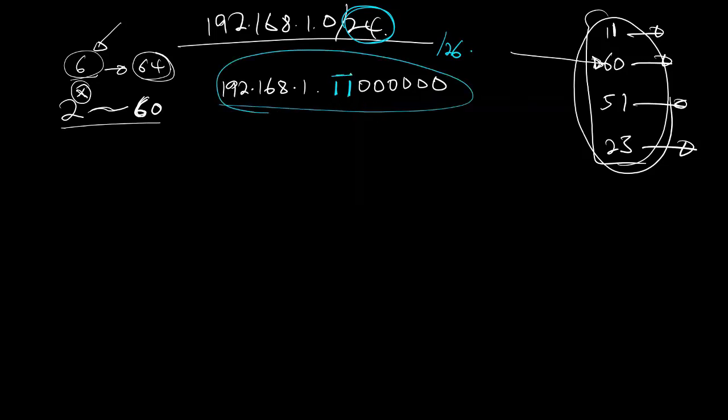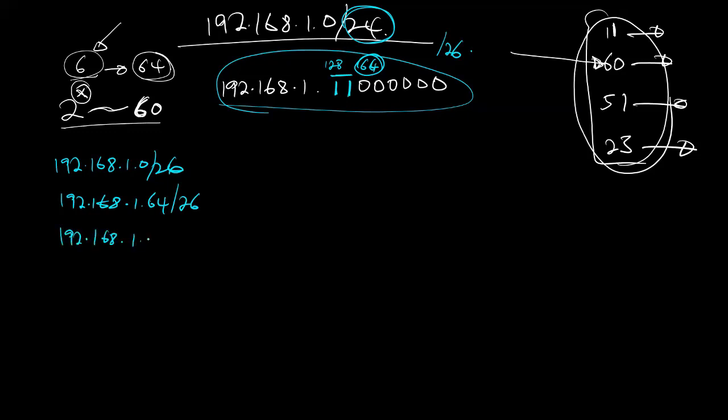And each network, again, we have borrowed from 128 and borrowed from 64. So each network will have 64 addresses. Those networks are 192.168.1.0/26 and 192.168.1.64/26 and 192.168.1.128, I think. 128.